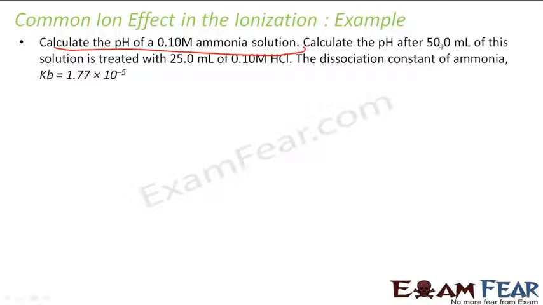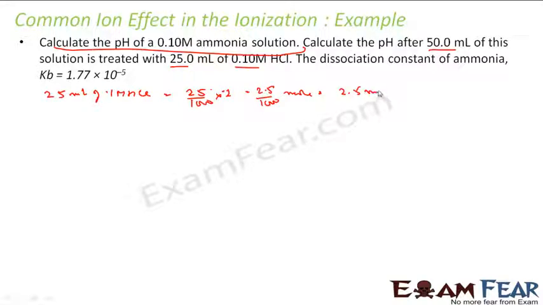So you have to find the pH after 50 ml of this solution is treated with 25 ml of 0.1 M HCl. So we have 25 ml of 0.1 M HCl. This is nothing but 25 ml by 1000 into 0.1, that is 2.5 by 1000 moles, that is 2.5 millimoles.